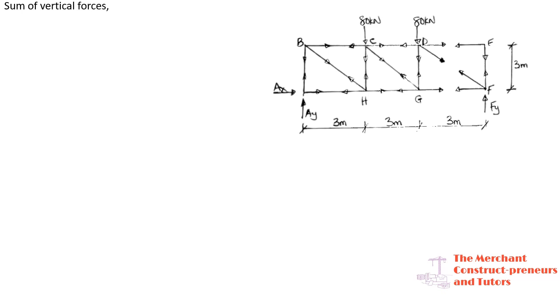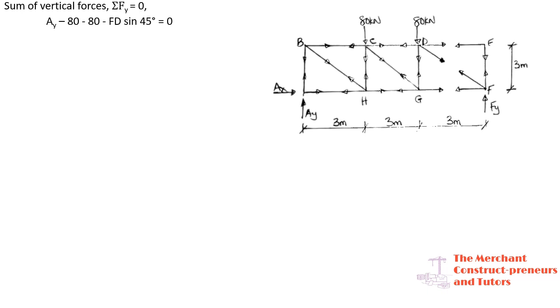So the next point, we are looking at the third section. Summation of vertical forces equals 0. So we are stopping before the cut. So we have AY 80 kilonewton, at point C 80 kilonewton, at point D. Can you see it?